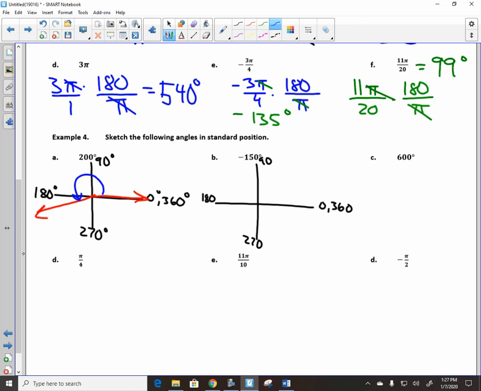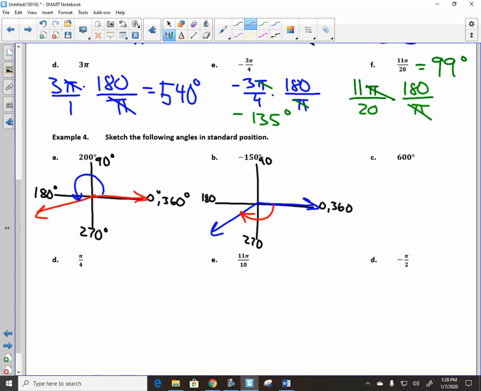Which quadrant would 150 degrees put me in? The 2nd quadrant. Well, if it's a negative angle, instead of rotating counterclockwise, you rotate clockwise. So everybody agree 150 is just short of 2 quadrants? So I'm going to go just short of 2 quadrants in the other direction. And to show that rotation, I show like that. So that's a negative angle.